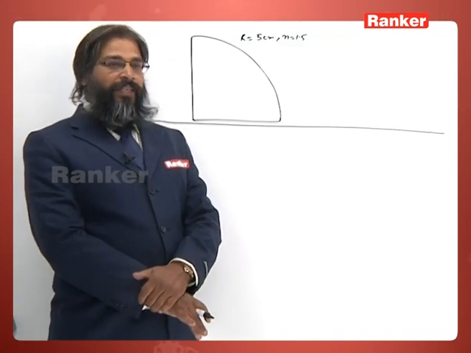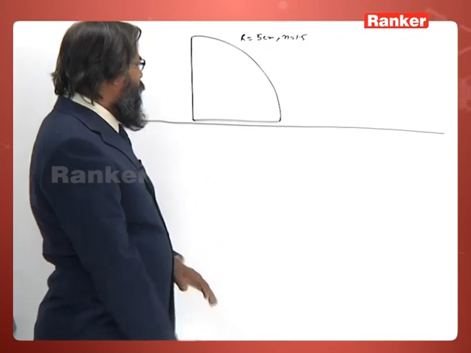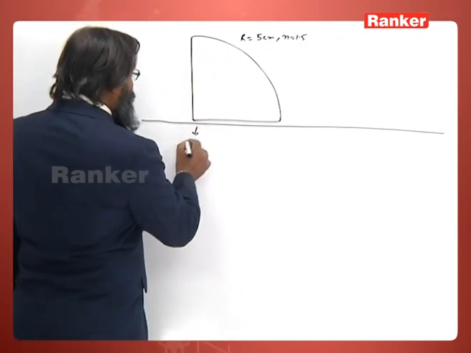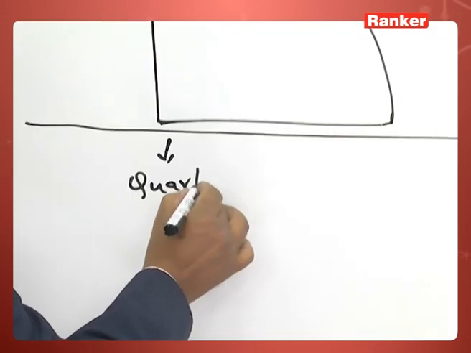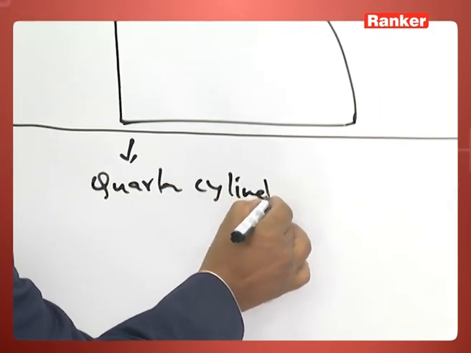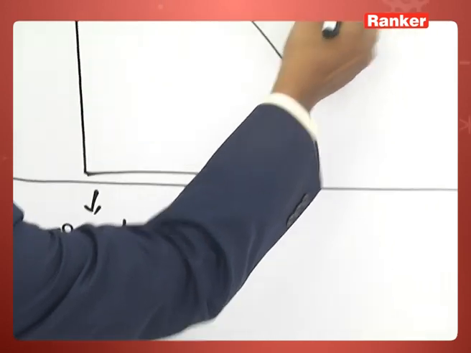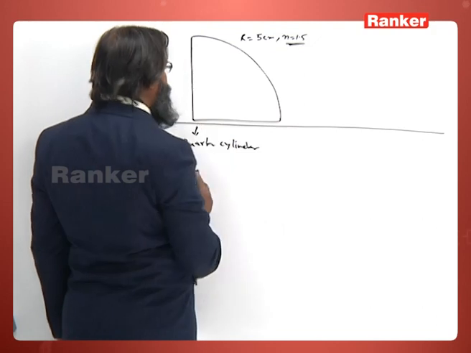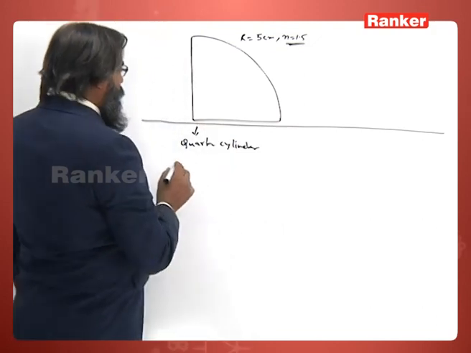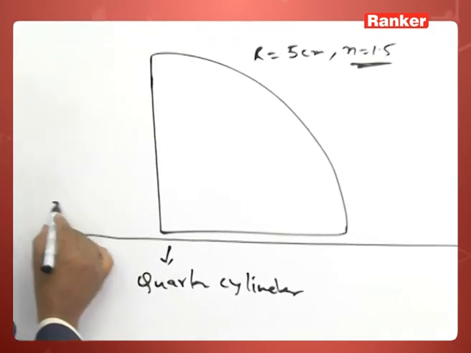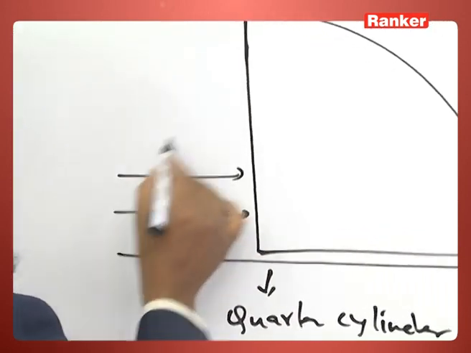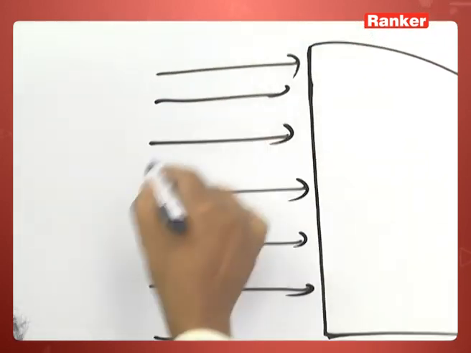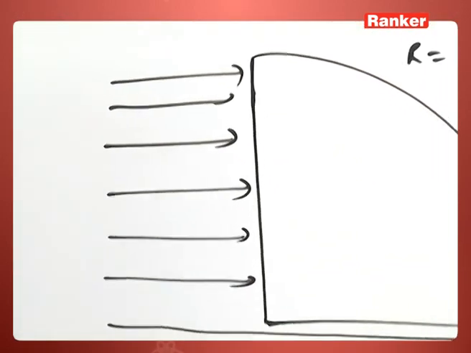Now let us take another example. This is a quarter cylinder of glass with refractive index 1.5 and its radius is 5 centimeter. This vertical face is illuminated normally by a parallel beam of light.